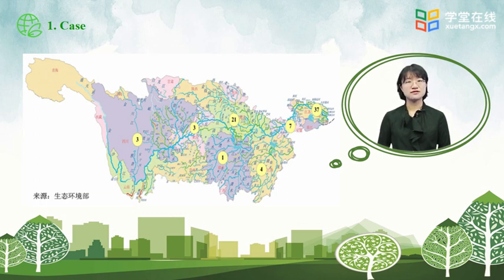We can see from the figure below that the Yangtze River Economic Belt is not only an important agricultural production base, but also an important industrial base. There are many chemical enterprises along the Yangtze River Economic Belt, and chemical enterprises are an important source of water pollution.